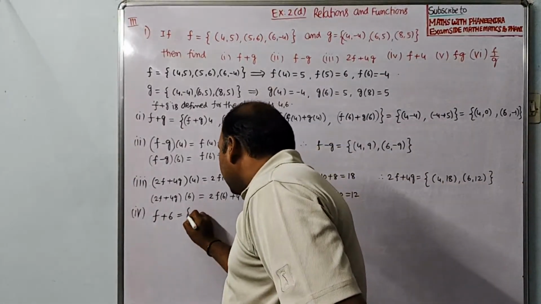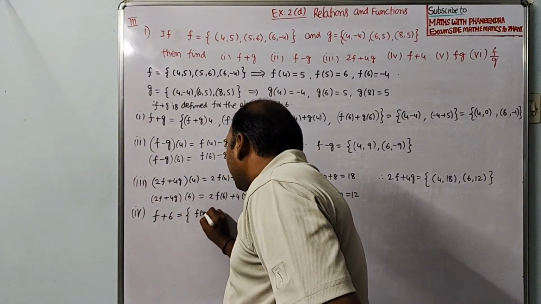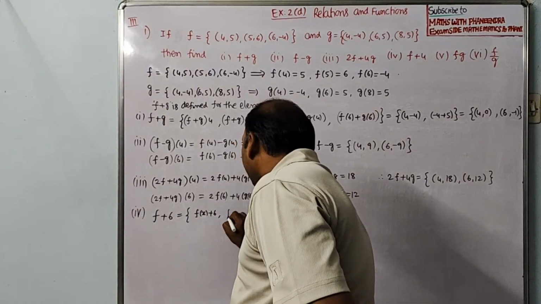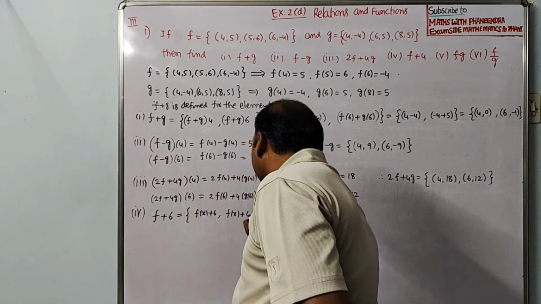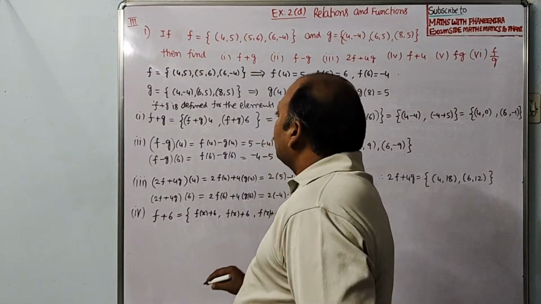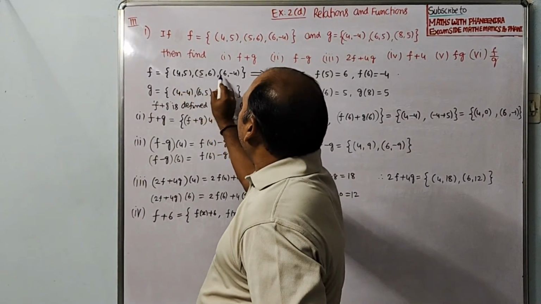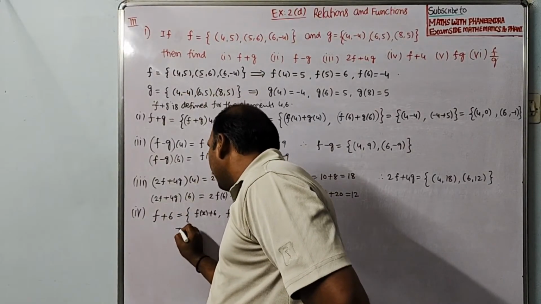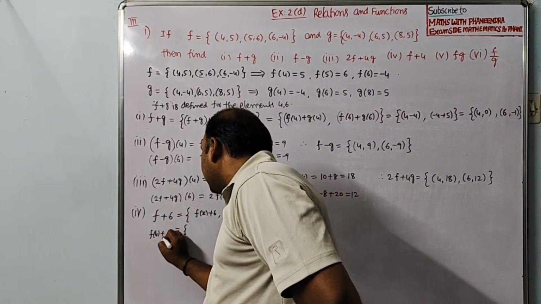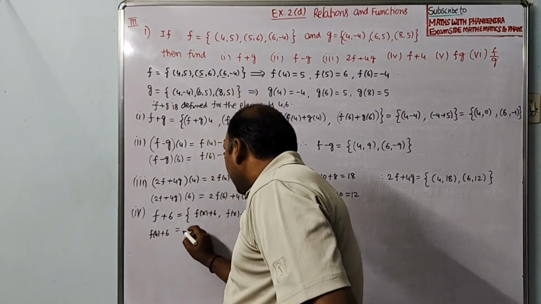So that means f of x plus 6. What are the domain elements? 4, 5, 6. So f of 4 plus 6, you write it one by one.